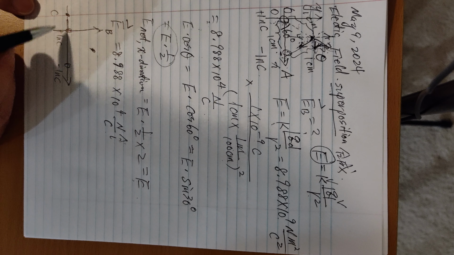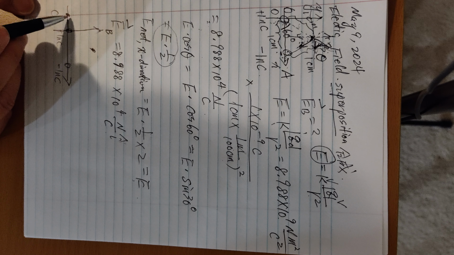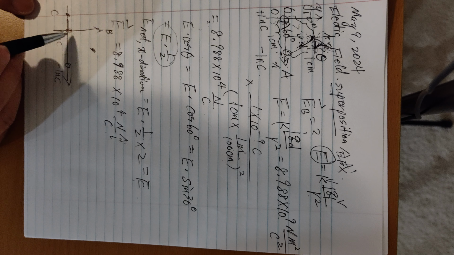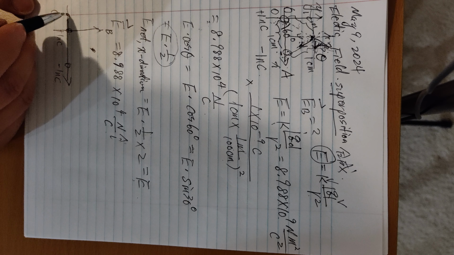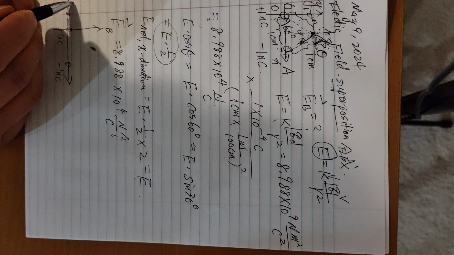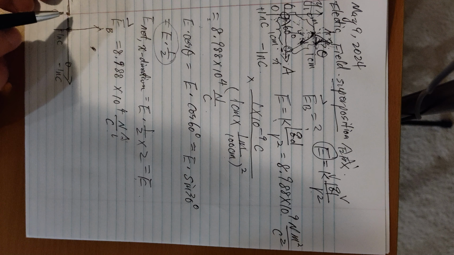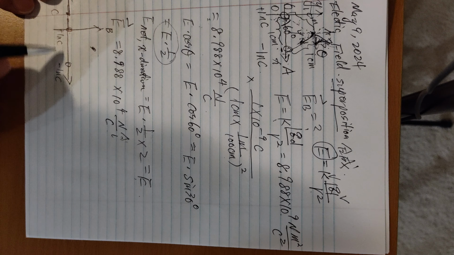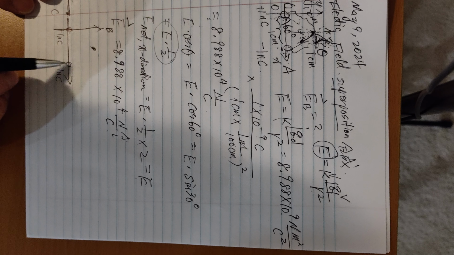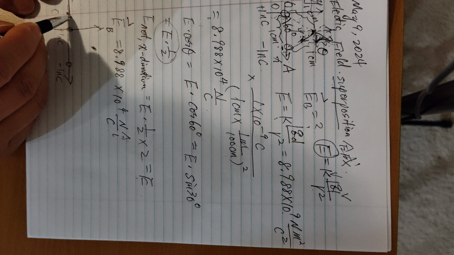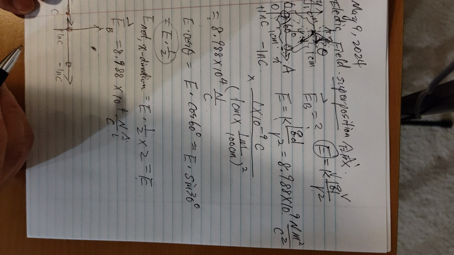Then in that case, we have to look at the electric field due to this charge. Since it's positive, it goes in that direction. And then we also have to consider the electric field due to this charge right here. Since this is a negative charge, the electric field goes in that direction.